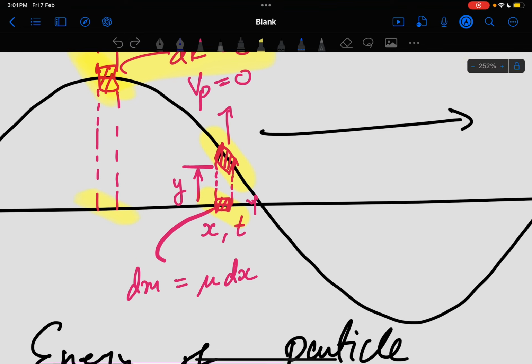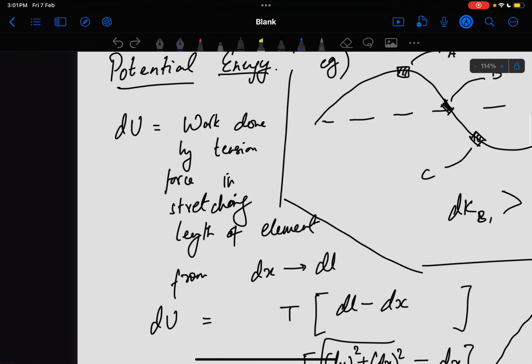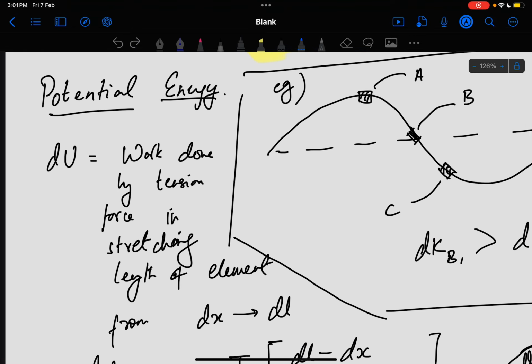So now what has happened to this elemental length of dx? It is now elongated, right? What should have been only this dx amount is now elongated to this larger amount dl. So who has elongated it? This is nothing but done by the tension force of the string itself.